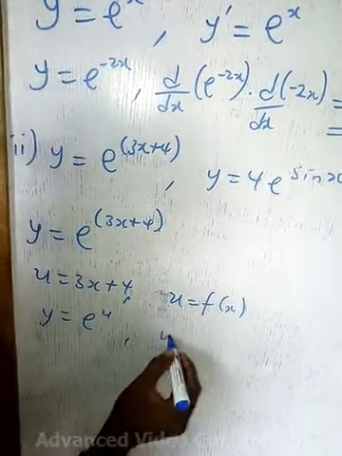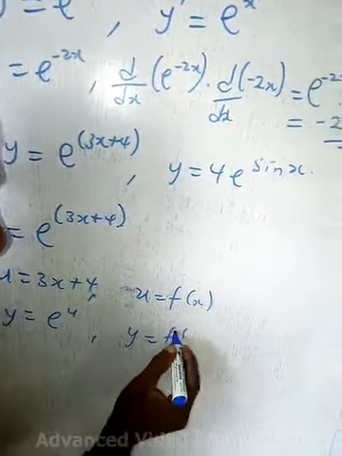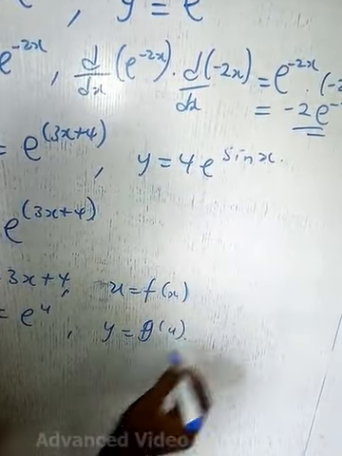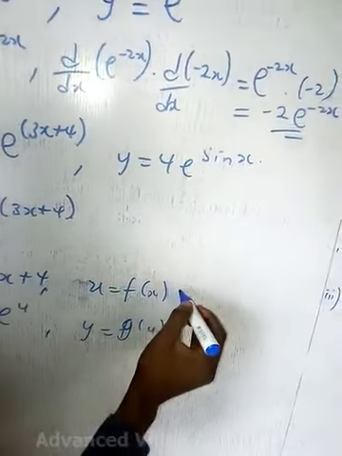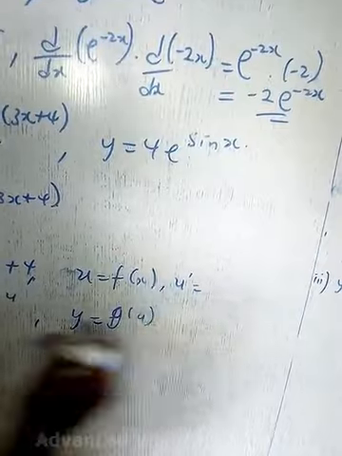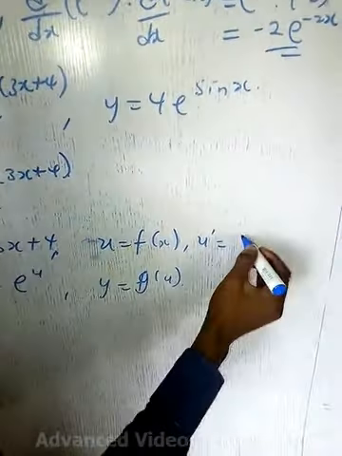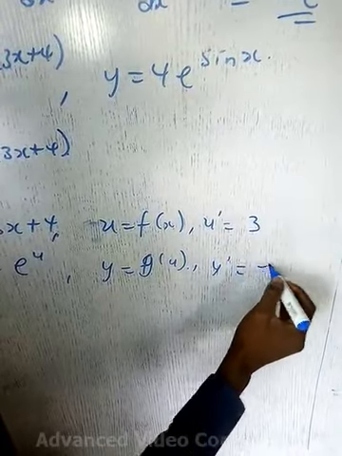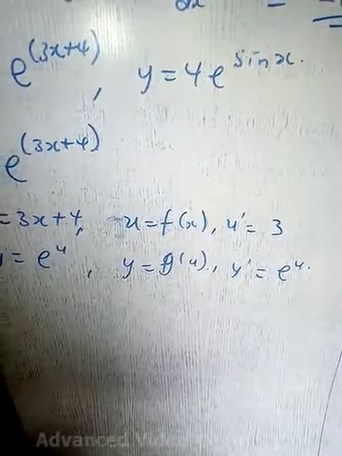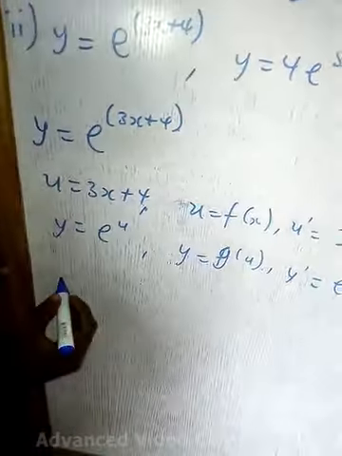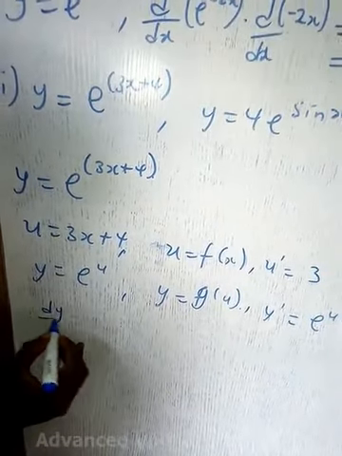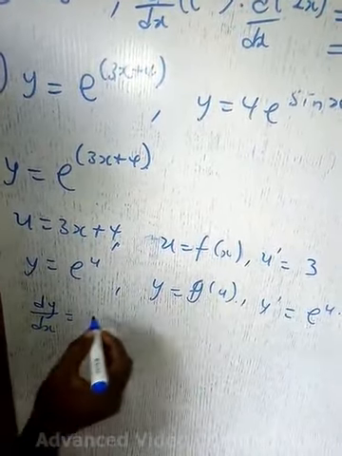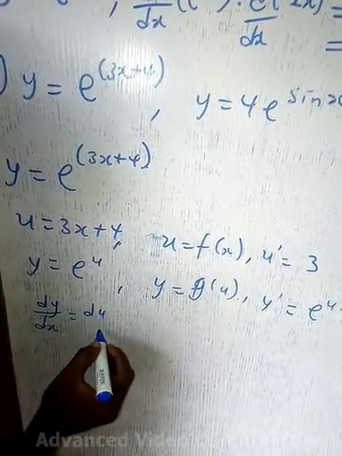Then y is also a function of u here. So we can find u prime here. My u prime with respect to x is 3. My y prime here is also going to give me e to the u. Then we continue by saying dy/dx is going to give us the u.